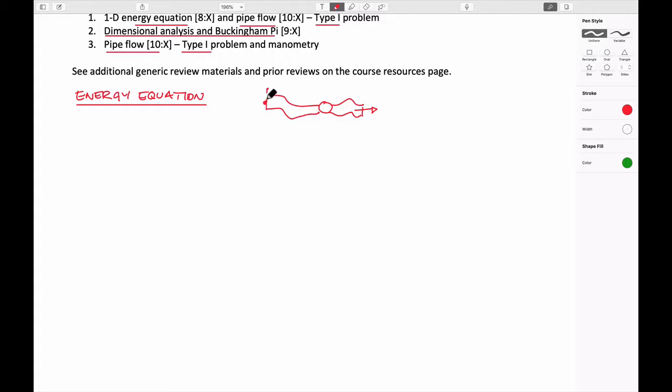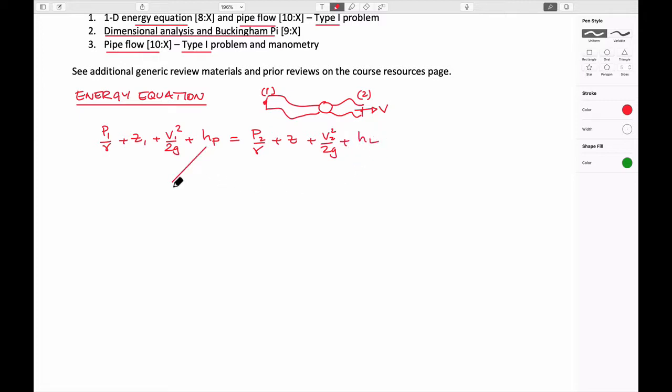So upstream is 1, downstream is 2, velocity in the pipe is given, and it's just P1, pressure 1 over unit weight of the fluid, plus the elevation of that point, plus its velocity head, plus any pump head that you put into the system. And you can equate that with the downstream conditions, which are just the pressure head, the elevation head, the velocity head that is downstream, and the head losses within the system.